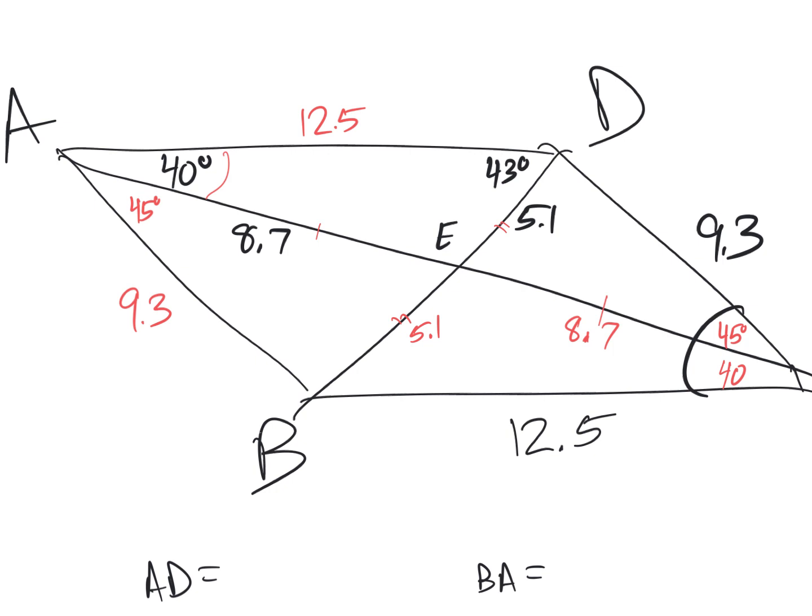Now the tricky stuff comes in with the degrees. We need to understand that the 85 degrees is supplementary with angle B and angle D, the big angles. So if the bottom right, the whole angle is 85 degrees, then that means ABC must be what? What's supplementary mean? 180.